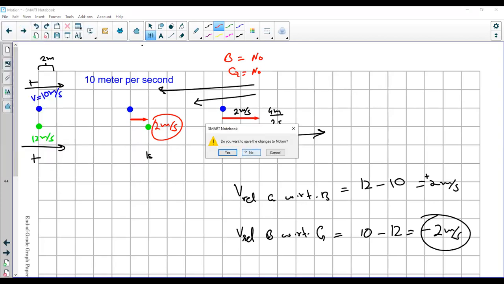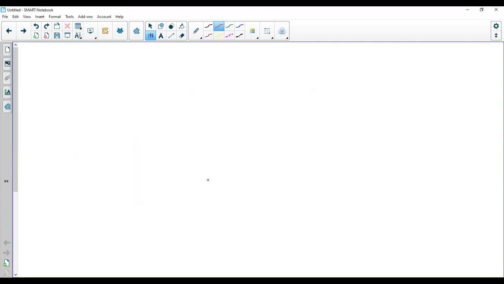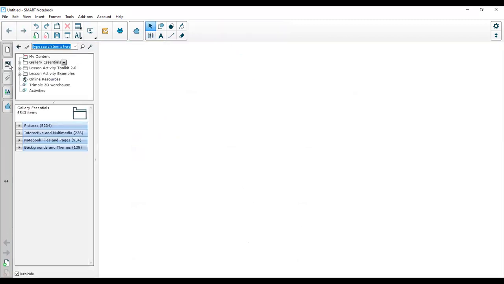Or relative speed. Does any one of you have an idea about relative speed or relative velocity? Do you have an idea about relative speed or relative velocity?